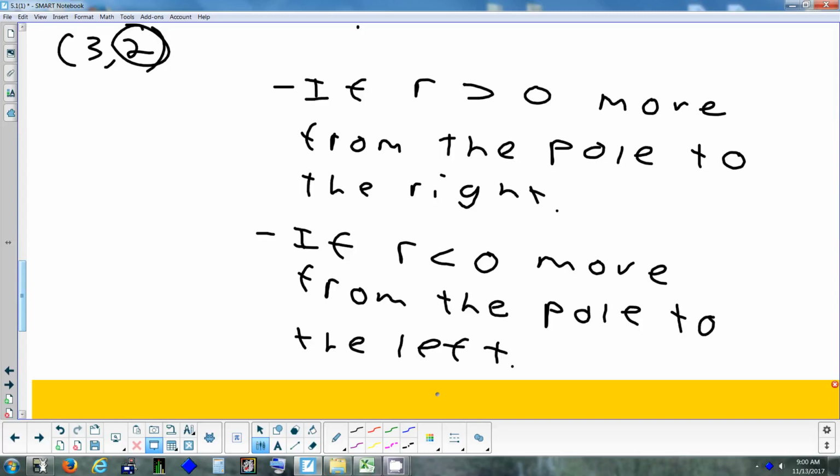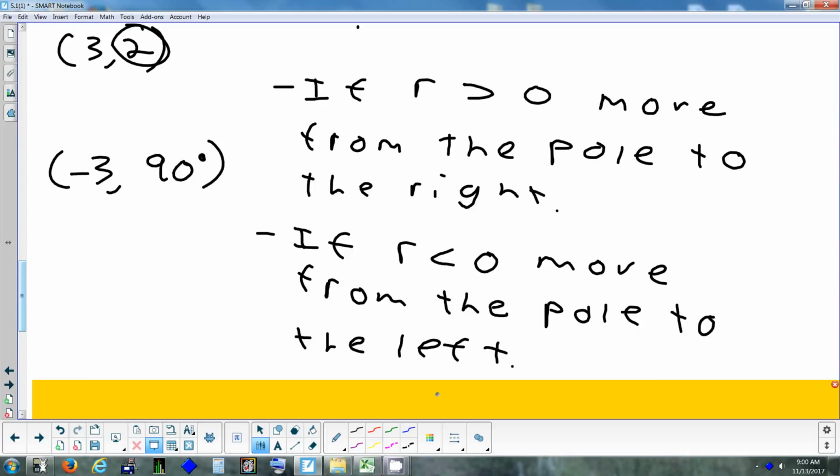I don't have a terrific answer for you, other than if you follow these steps, it works. If your radius is a positive number, consider it to the right. If it's negative, think of it as going to the left. If you had a coordinate like this, that's a polar coordinate.